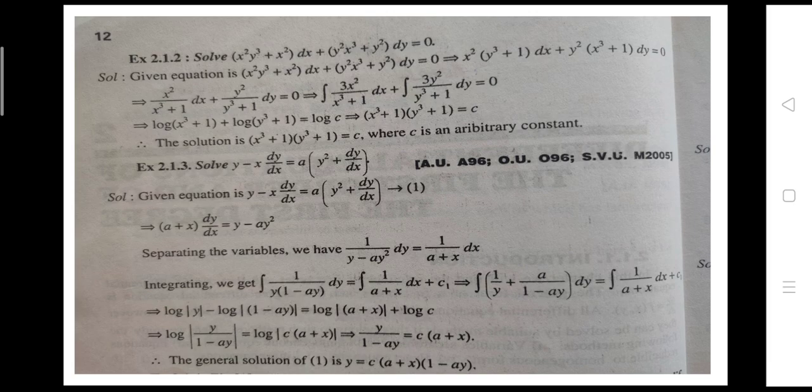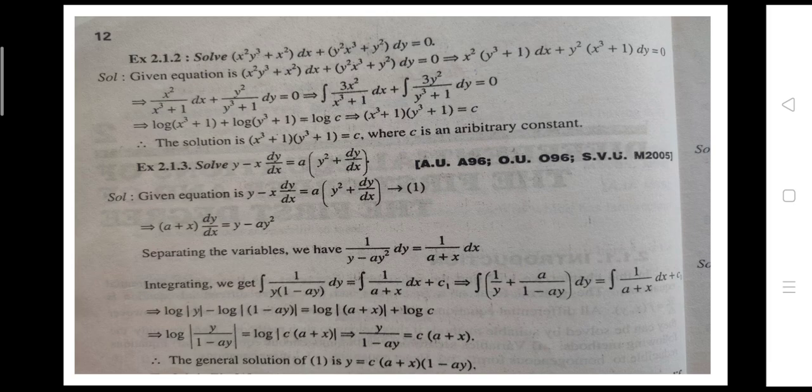Here, log a plus log b is equal to log of ab, that is written as x cube plus 1 into y cube plus 1 is equal to c. Therefore the solution is x cube plus 1 into y cube plus 1 is equal to c, where c is an arbitrary constant.